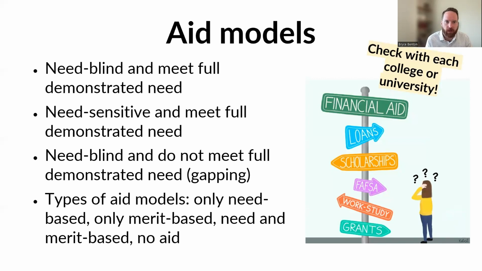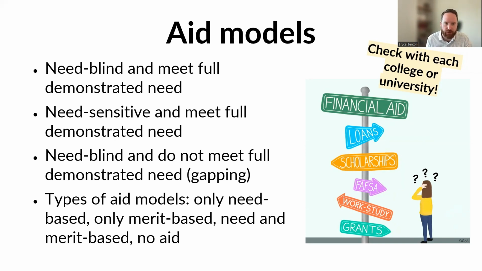On the next slide, we'll expand briefly on some of those. These are some aid models that you might see different universities practicing in their process. So a university could be need blind and meet full demonstrated need. This is pretty rare. There's only a handful of US universities that do not consider your ability to pay as a part of the admission process, and also, if admitted, meet your full needs, so there's no gaps that exist in funding.